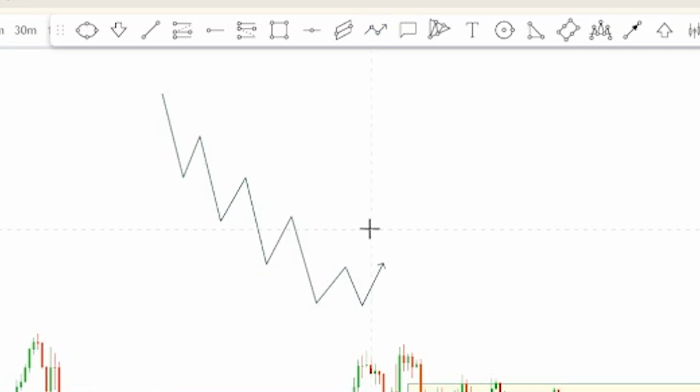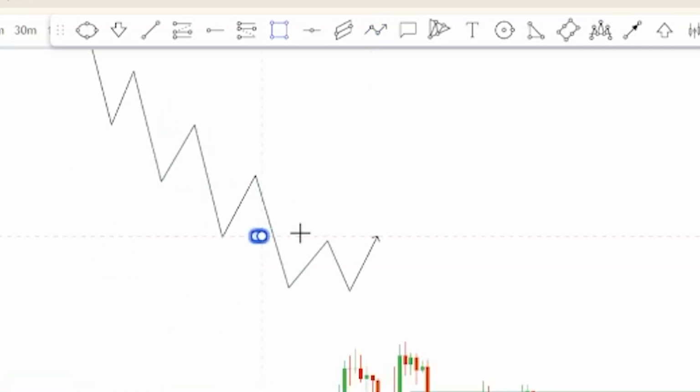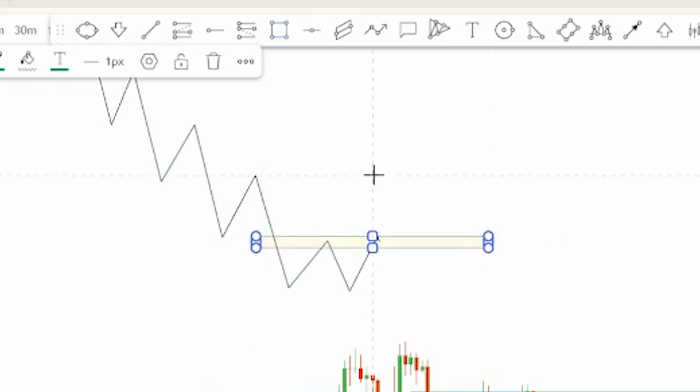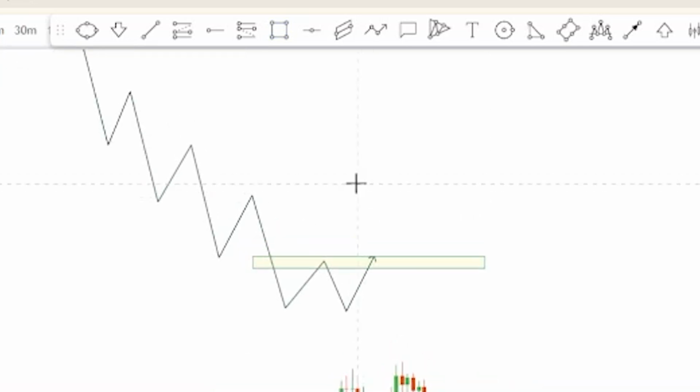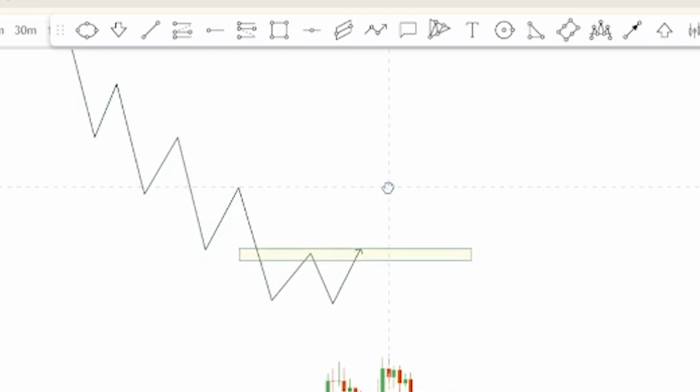After forming those two lows, we end up creating this neckline, which will be a key for us to confirm that we are going to the upside, and where you are going to take opportunities to enter from.